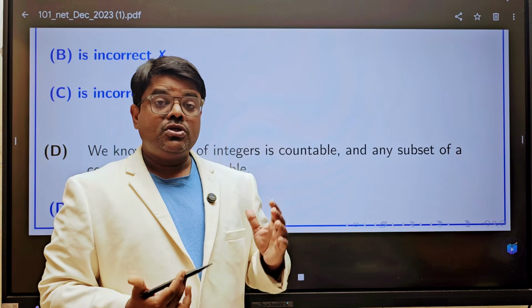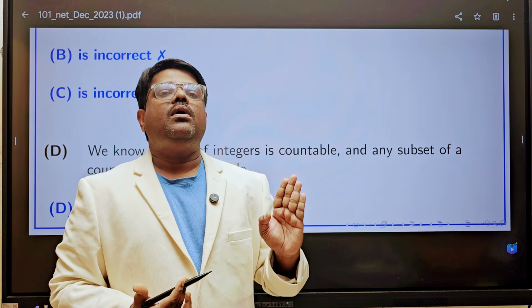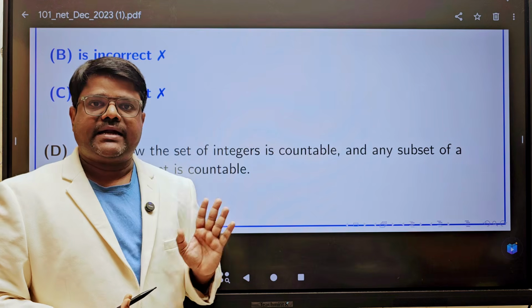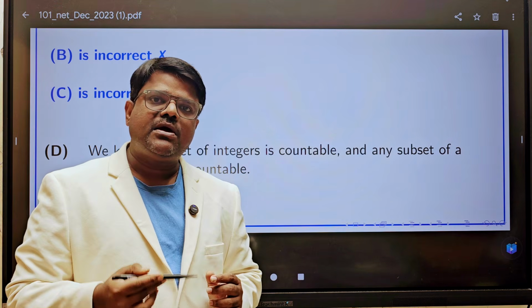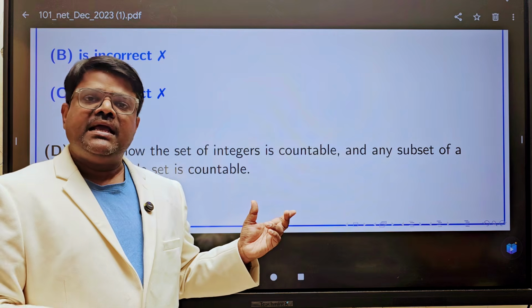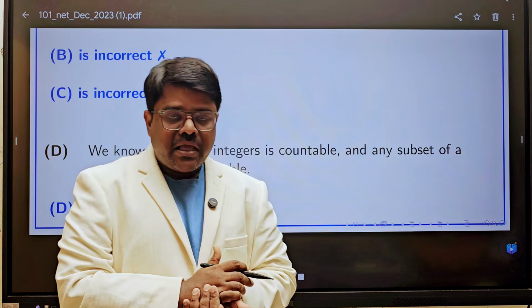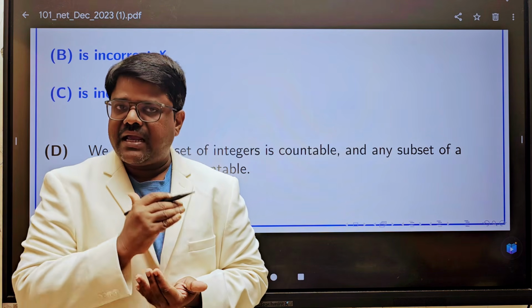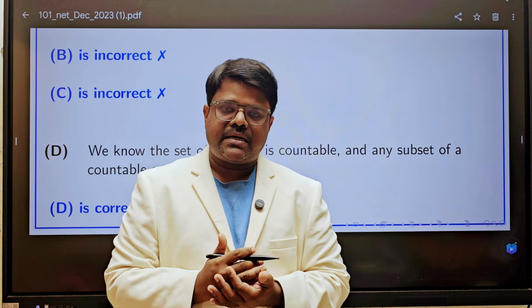So option D is correct, because the set of integers is a countable set. If you take a subset of the integers, that is also countable. Therefore options A, B, C are incorrect and option D is correct.